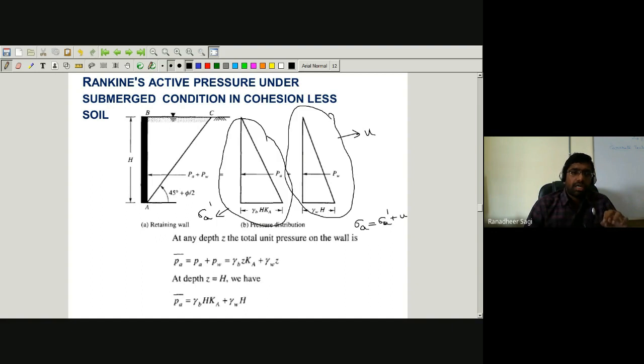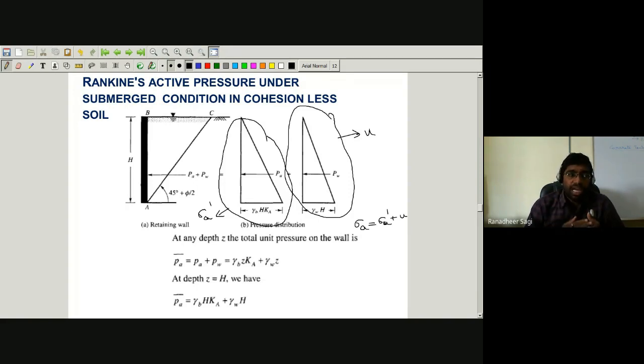I just mean to tell you here is, always you may not be looking at a simple condition, that there is no existence of water table, it's a homogeneous soil throughout the depth of the retaining wall, there is no existence of surcharge load acting on the backfill. You will not come across all such classic cases every time.